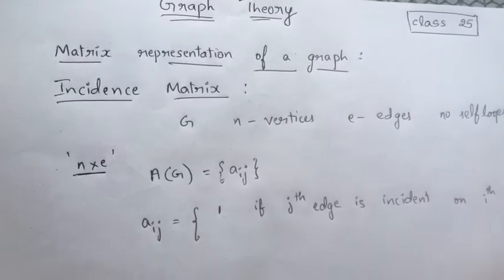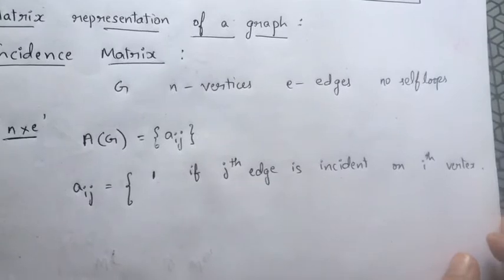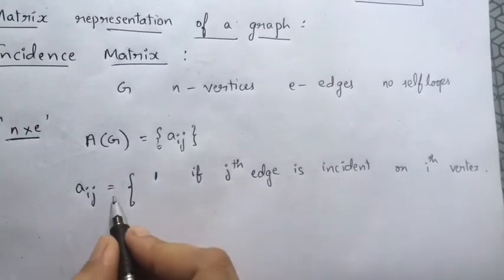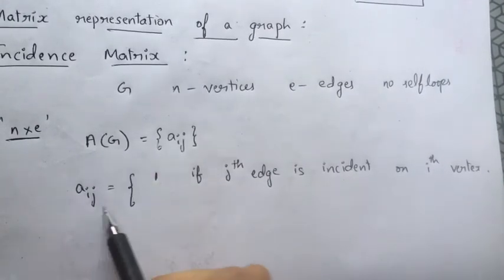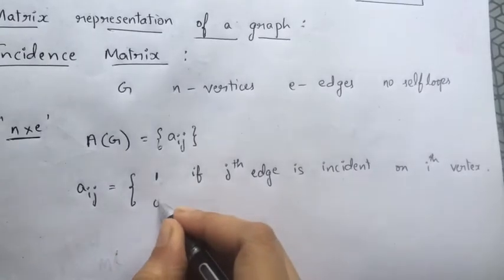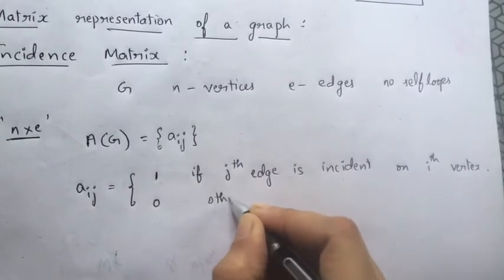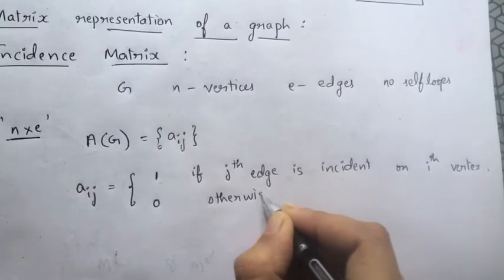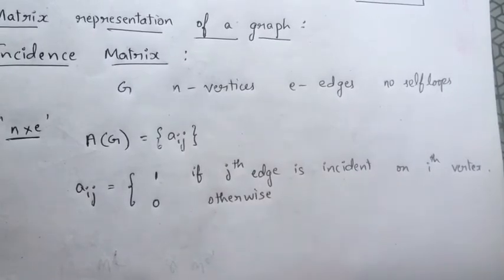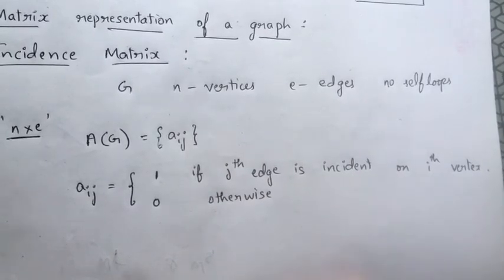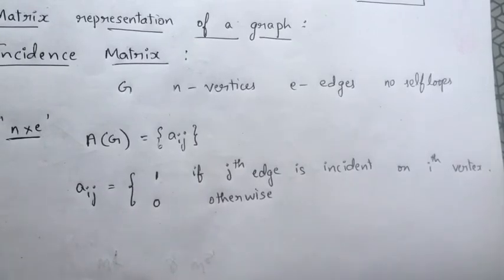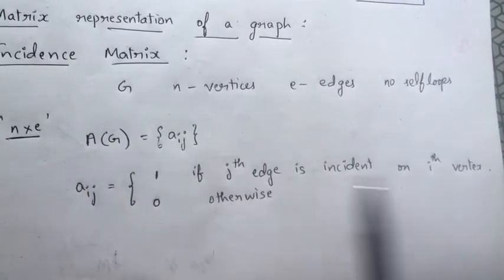Here n represents the number of vertices and E represents edges, so the first index gives vertices and the second gives edges. If the jth edge is incident on the ith vertex, then the entry in the incidence matrix is 1, and 0 otherwise. Such a matrix is called the incidence matrix or edge incidence matrix, and is denoted by A of G.